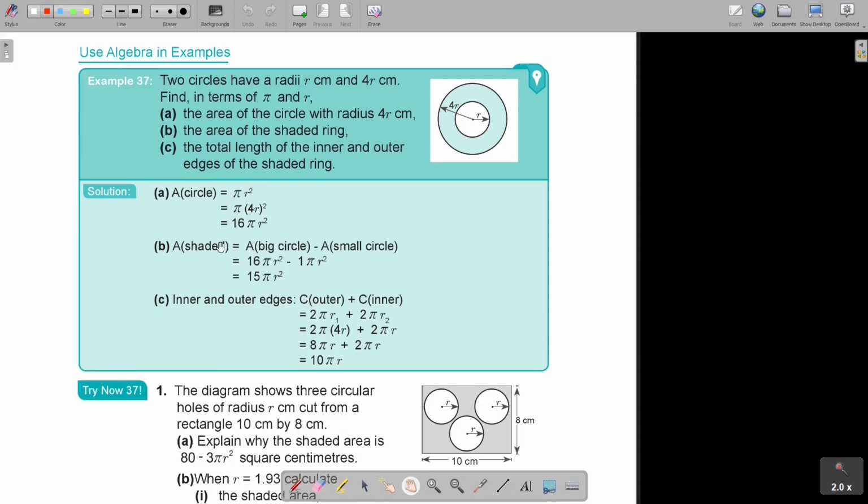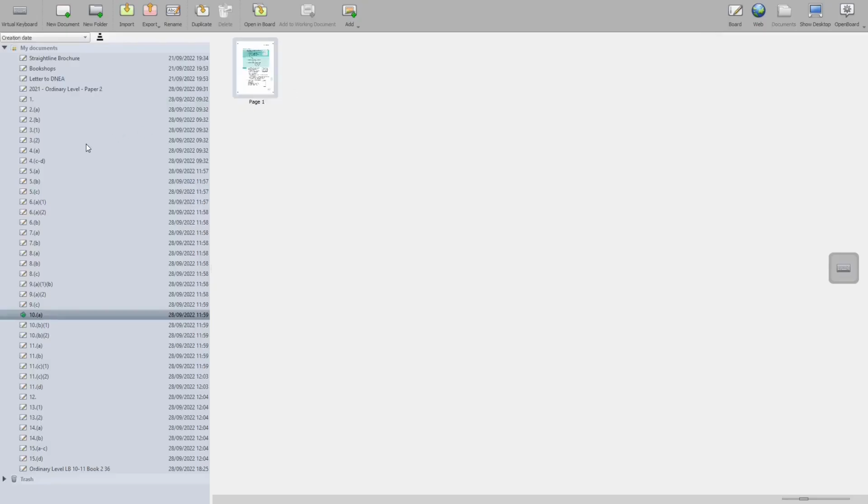But as soon as I come to the shaded part, I will just take the outside, which is the big circle in this case, and I will just subtract the inside and just keep that in mind. Okay, and that's all I wanted. But this is a very good example because it's in terms of r, and r is not a value. So very good level 3 question. Okay, but let's go back to the question paper.